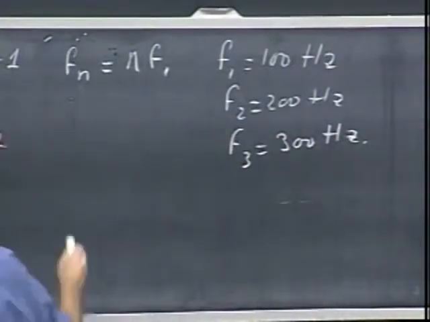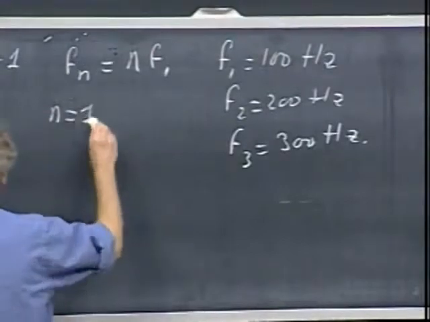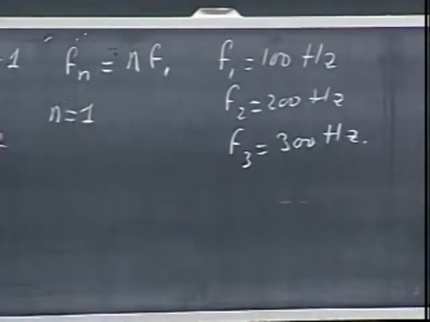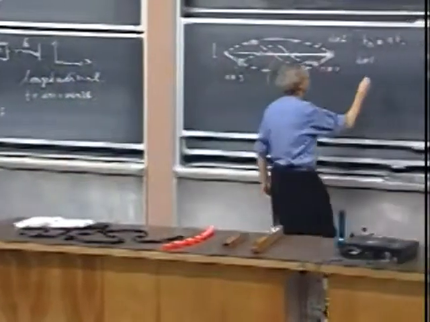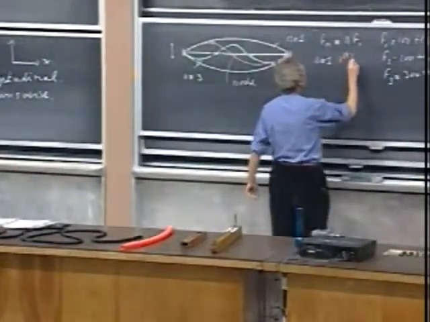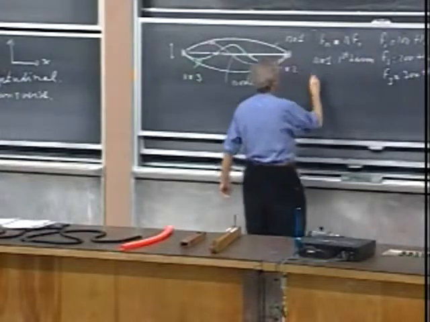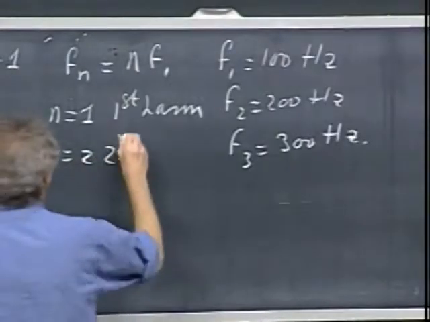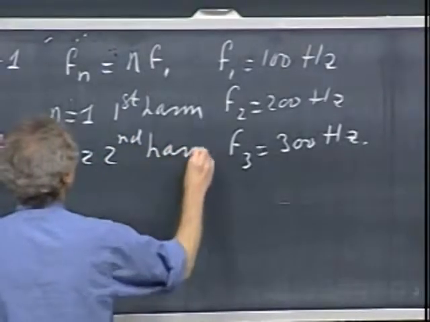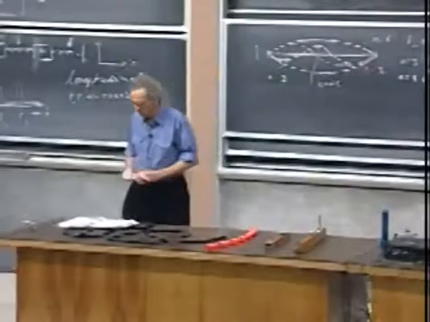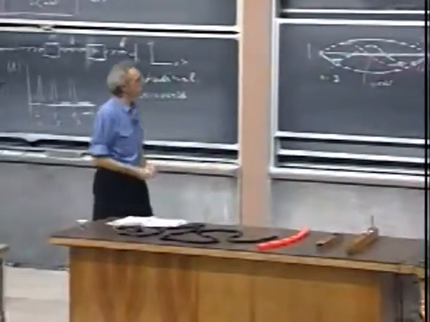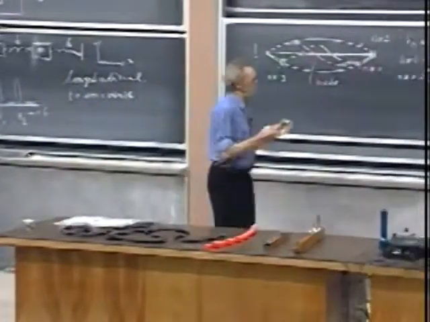We call n equals 1 the first harmonic. Some books also call it the fundamental. I will call it the first harmonic. And we call n equals 2 the second harmonic. And so on. n equals 3 is the third harmonic. So we're going to get a series of discrete frequencies which are equally spaced.